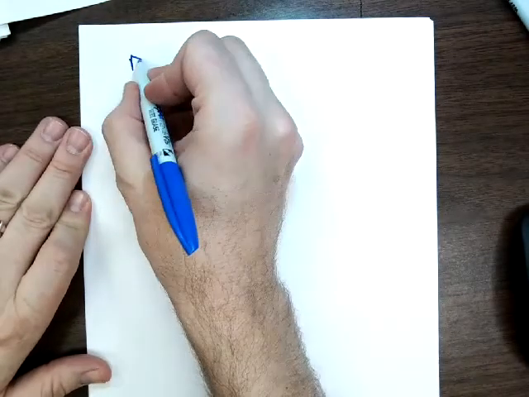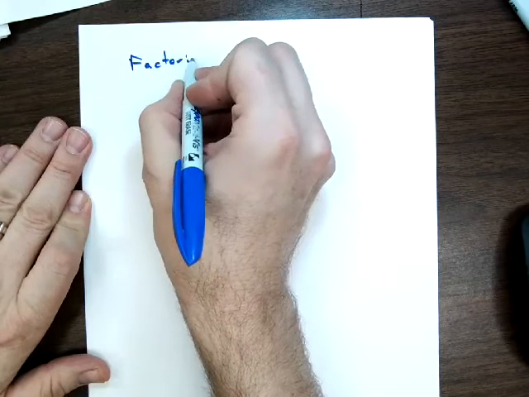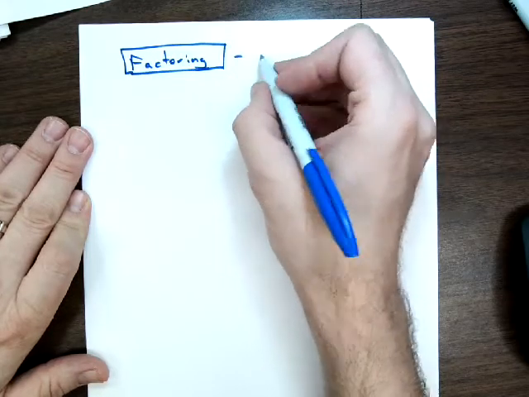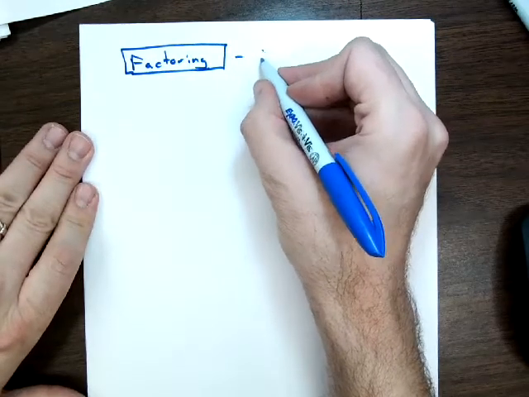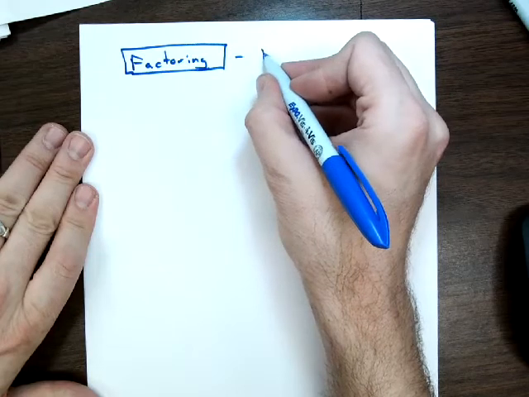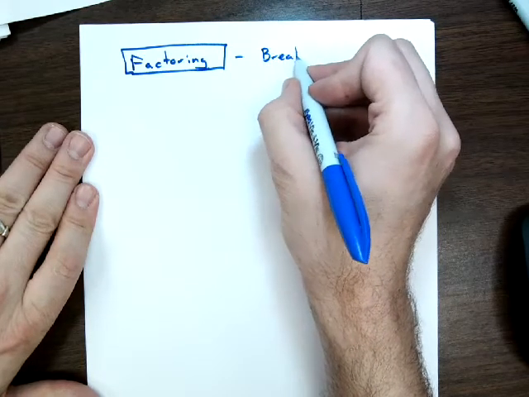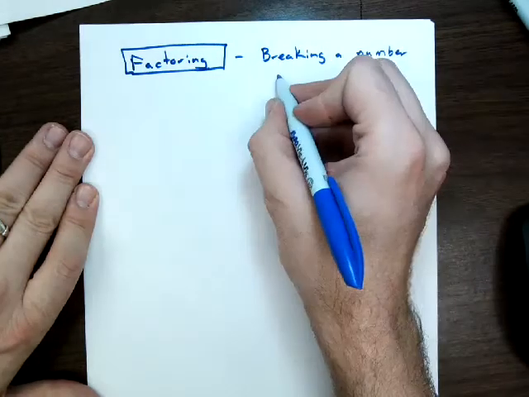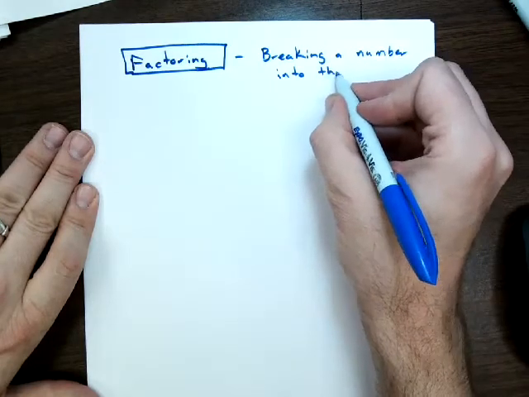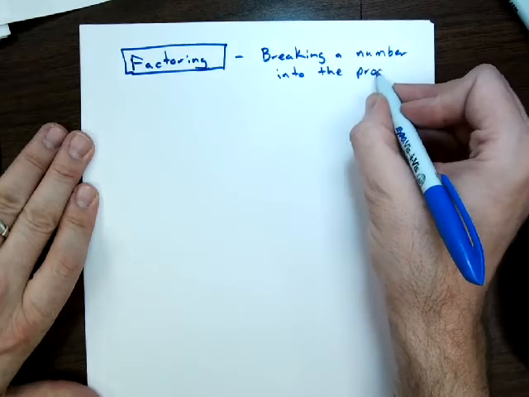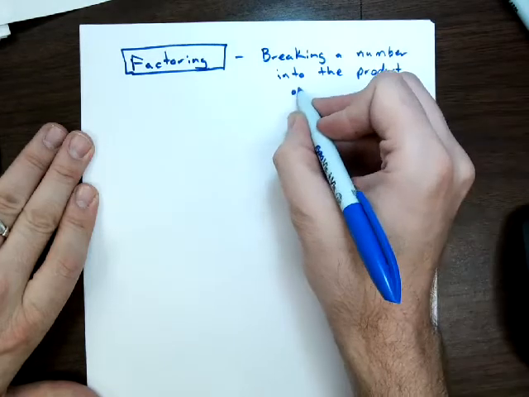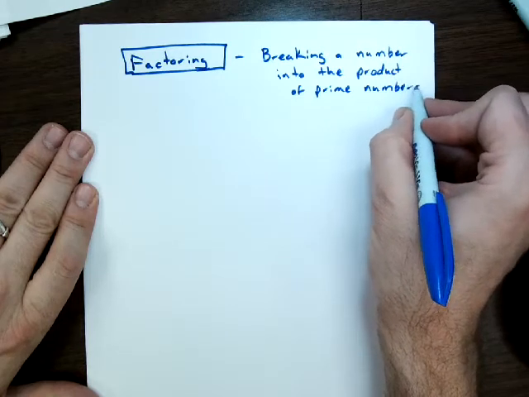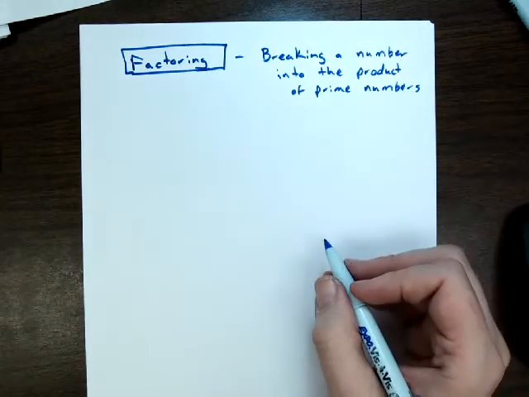So when we're factoring a number, we're going to be breaking a number into the product of prime numbers. Now, it doesn't matter what we start with.